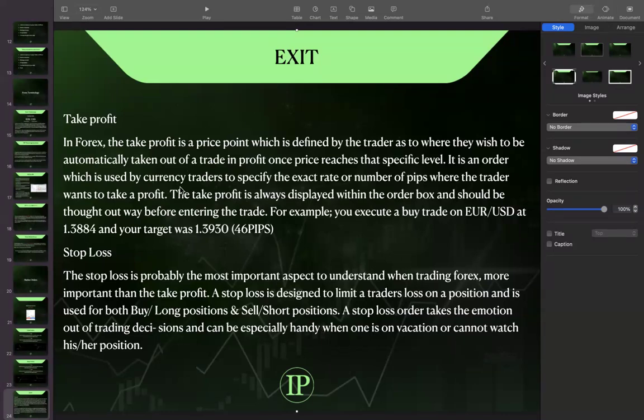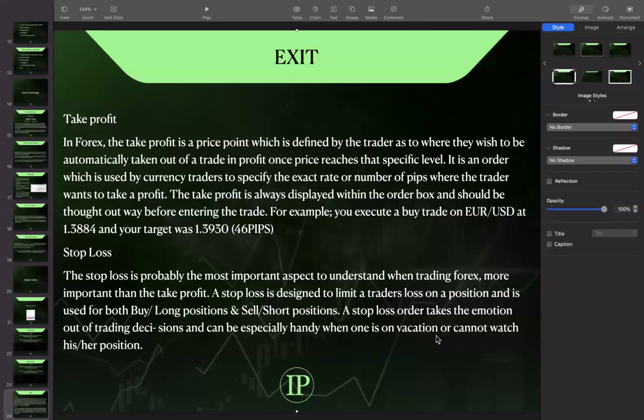Just like the TP, you can set a TP for your sells and your buys. Okay, a stop loss order takes the emotion out of trading decisions and can be handy when one is on a vacation or cannot watch his or her position.